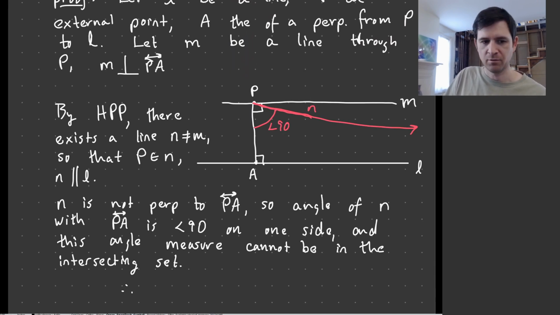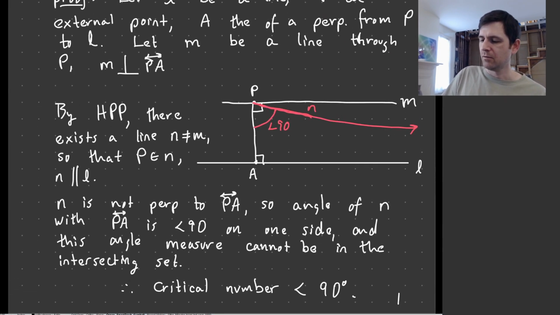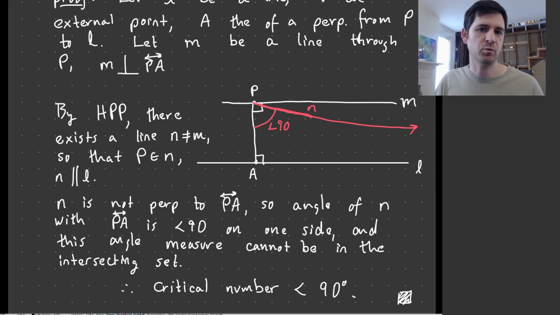So therefore, the critical number is less than 90 degrees. And that wraps up the proof of the theorem, and that actually wraps up section 6.3.